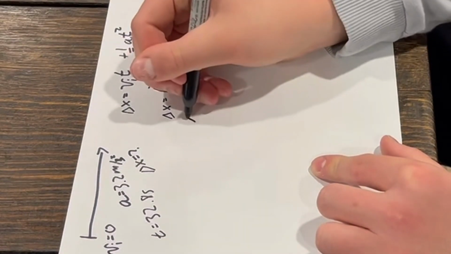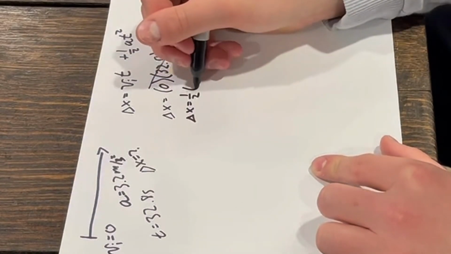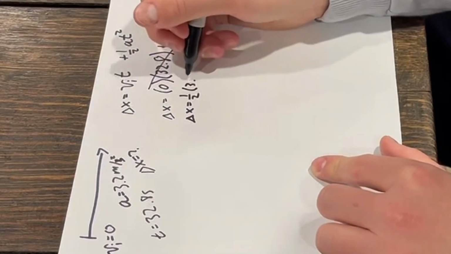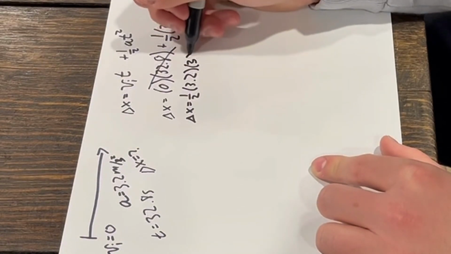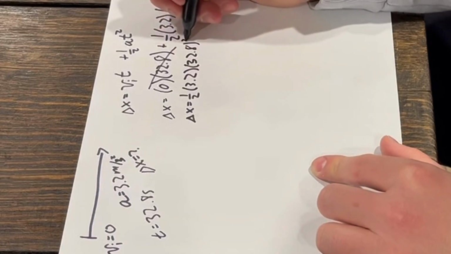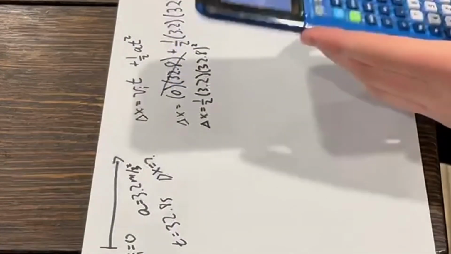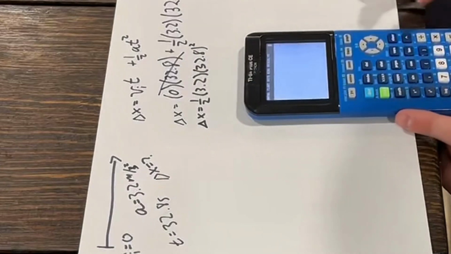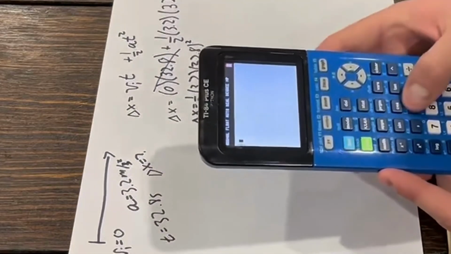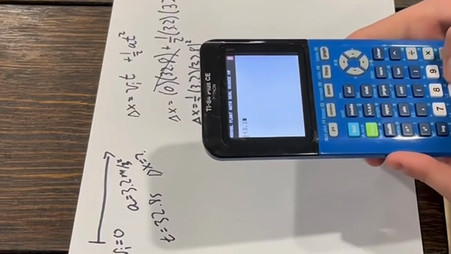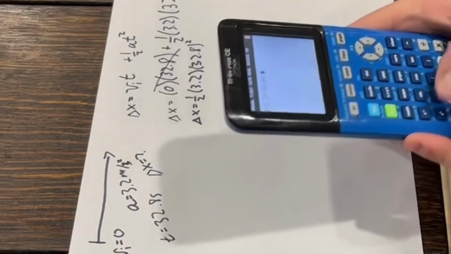So now we have that our delta X is equal to 1/2 times 3.2 times 32.8 squared. So now, if we get out our calculator and plug in those numbers, we have 1/2 times 3.2 times 32.8 squared.